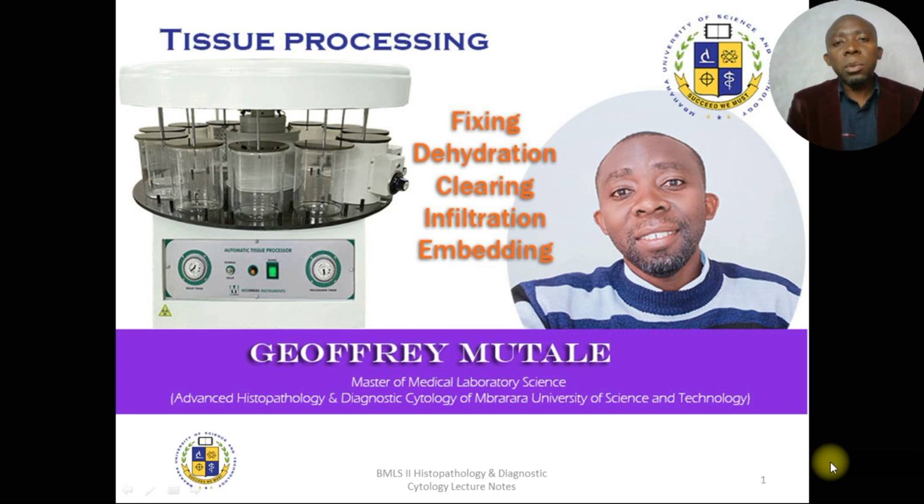So in this presentation we shall be looking at tissue processing, which will begin with fixing, because we understand that the moment you pick a tissue or you receive it, it must be fixed immediately to prevent any postmortem changes, that is autolysis and putrefaction, from happening.